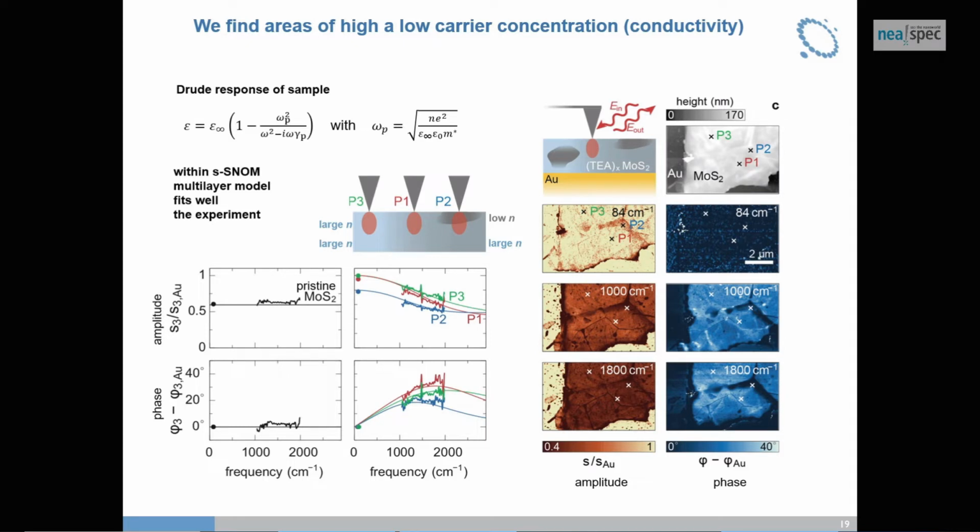After some careful analysis, it turned out that we can describe this response by assuming that we have a vertical change in the carrier concentration. If you assume that we have material of a low carrier concentration on top and below something of large carrier concentration, then we can nicely match this. And so that's our interpretation.